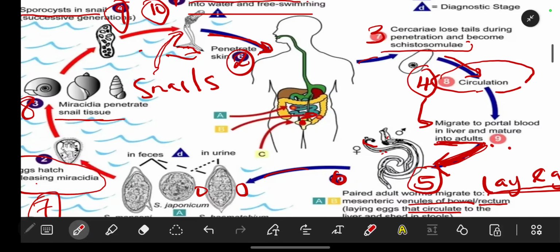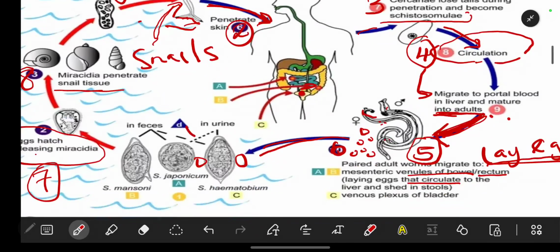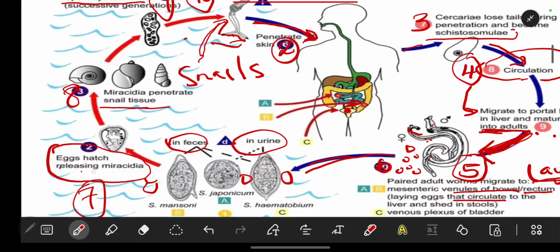When they migrate to the rectum and the bladder, they are going to lay eggs. They are together so that they can lay eggs. When they lay eggs, those eggs are released in urine and in feces. When they are released in urine and feces, they will be able to hatch. When they hatch, they release miracidia.